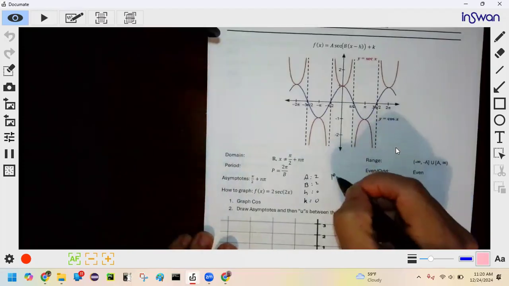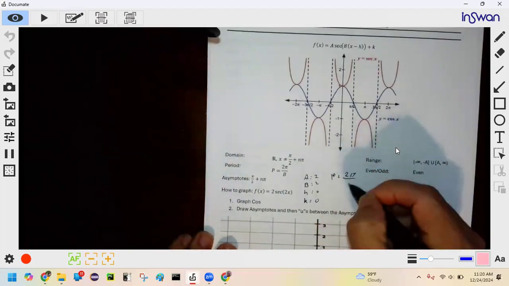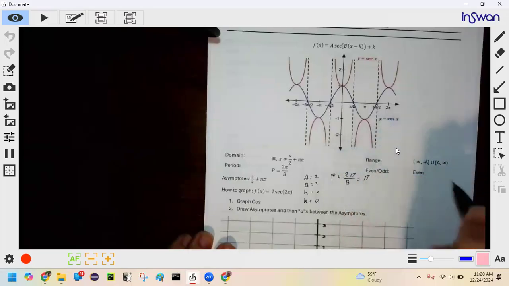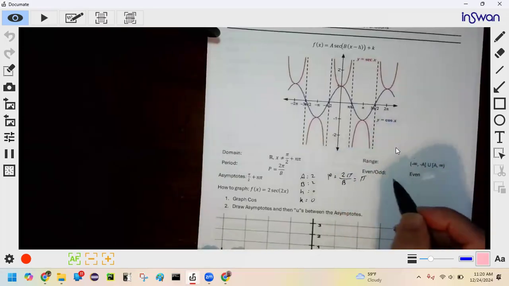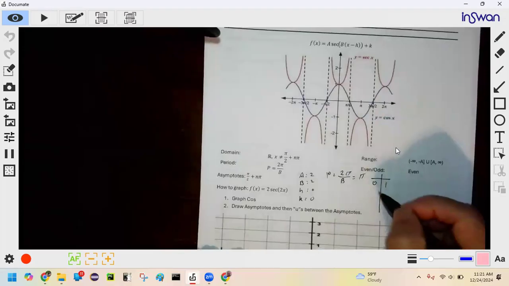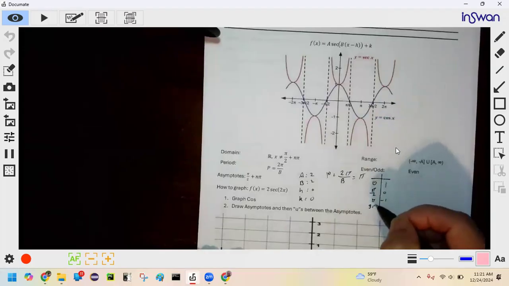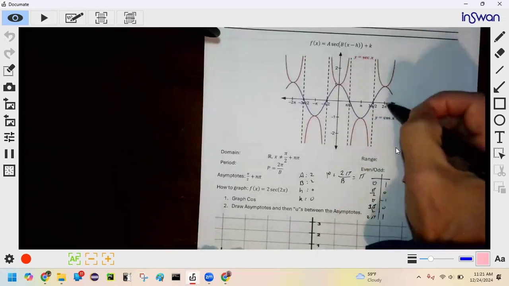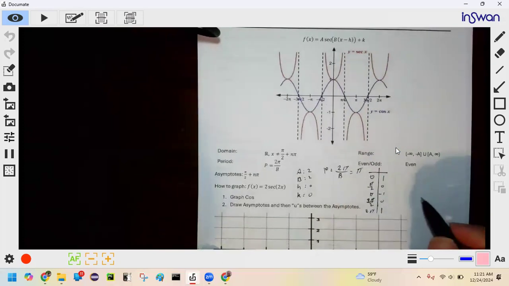Our period is 2 pi divided by B, which is pi. It's built on the back of cosine, so let's lay out cosine's function right here. 0, 1, pi over 2, 0, pi, negative 1, 3 pi over 2, 0, and 2 pi, 1.